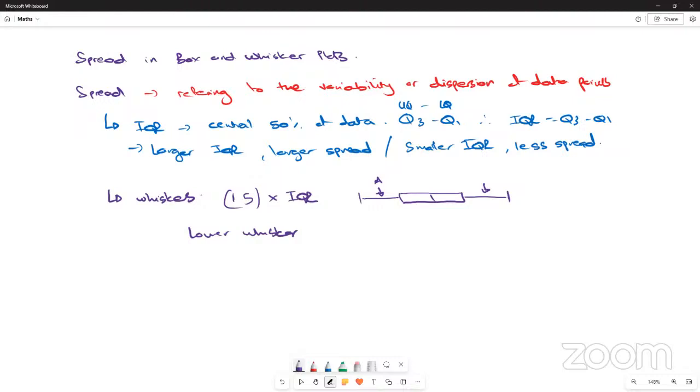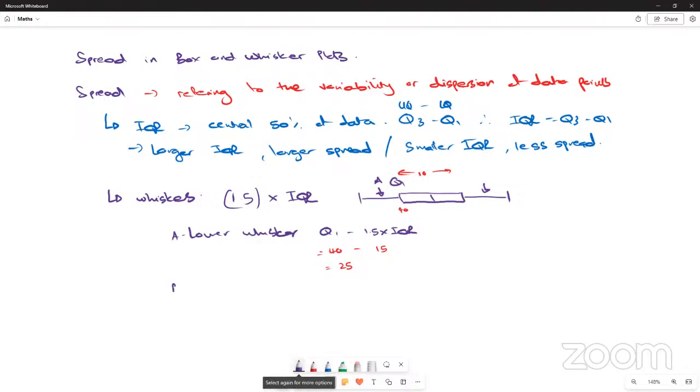Let's call it A. It is given by my lower quartile, which is Q1, minus 1.5 times the interquartile range. So if my interquartile range is, let's say, 10, then 1.5 times that will be 15. And let's say my lower quartile is 40. Then this would be 40 minus 15, which will equal 25. And that'll be my lower whisker. It's almost like a lower bound.